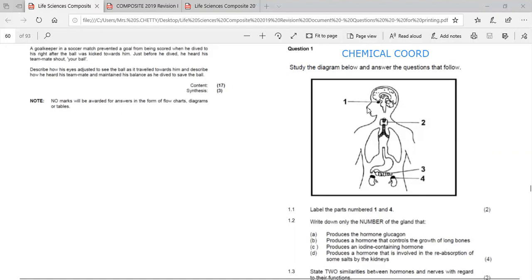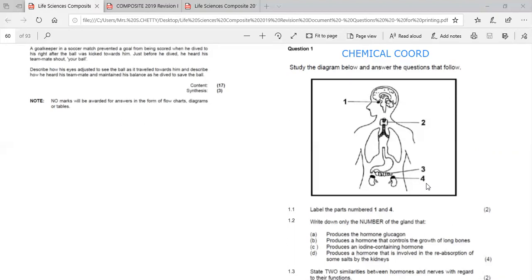Let's put the labels for 1, 2, 3, and 4 first, before we look at the hormones that are produced by each of these glands and the function of each of these hormones. I'm giving you 30 seconds to try and find out what each of these glands are.